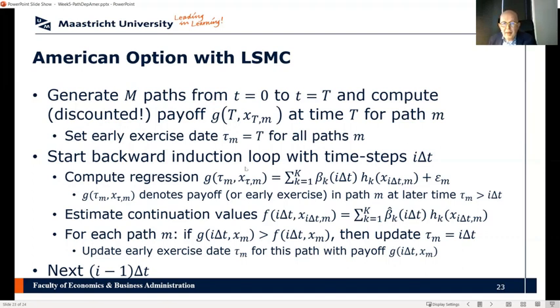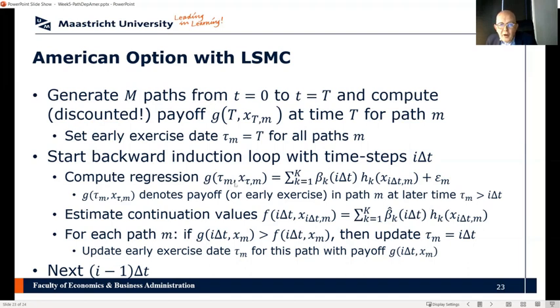Then I start a backward induction loop, taking discrete time steps i delta t. I do a regression: for each path, I know when I'm going to exercise, so I have my stopping time tau_m in each path number m.